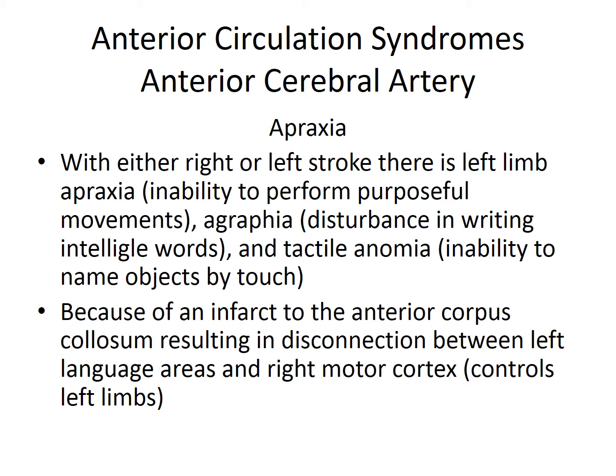We would also expect to see agraphia. That's the disturbance in writing intelligible words. We would also expect to see tactile anomia, which is the inability to name objects by touch. We see all of this because of an infarct to the anterior corpus callosum, resulting again in that disconnection between the left language areas and the right motor cortex, which controls the limbs.